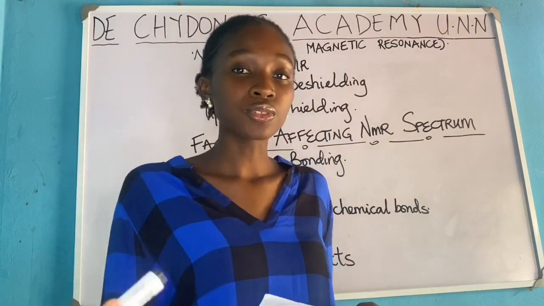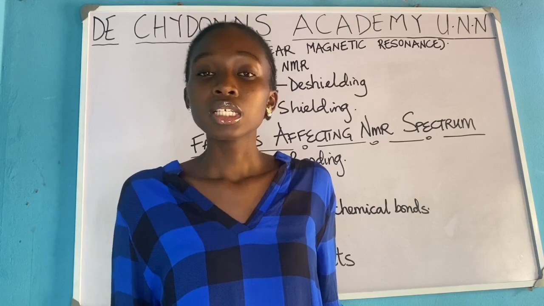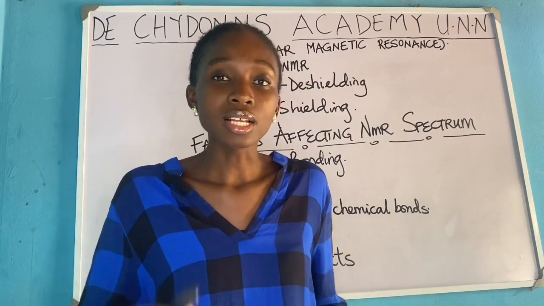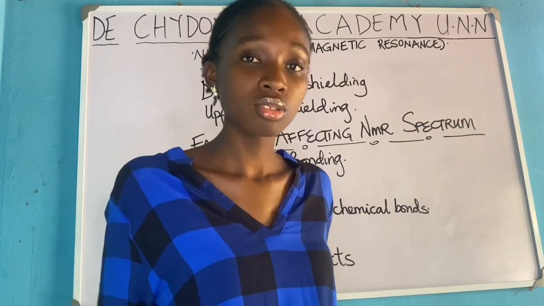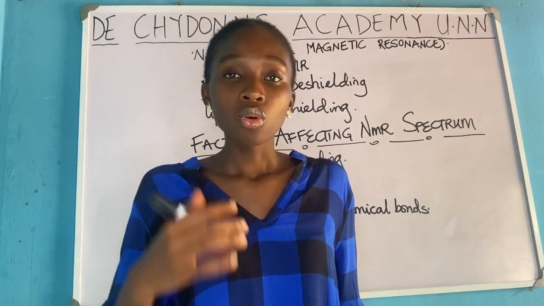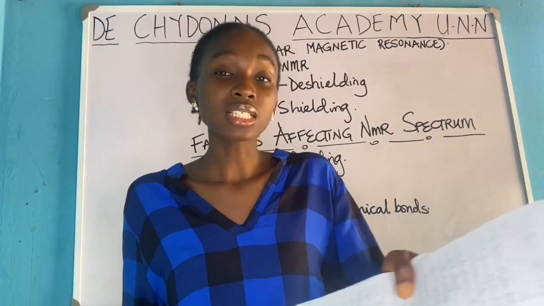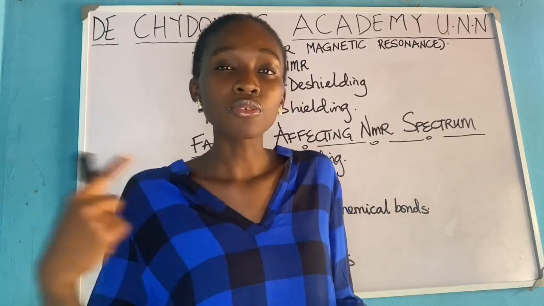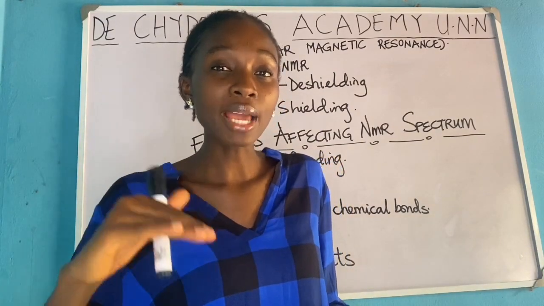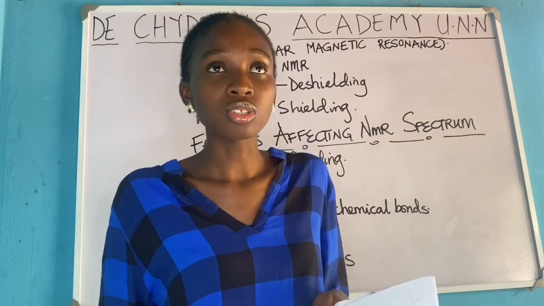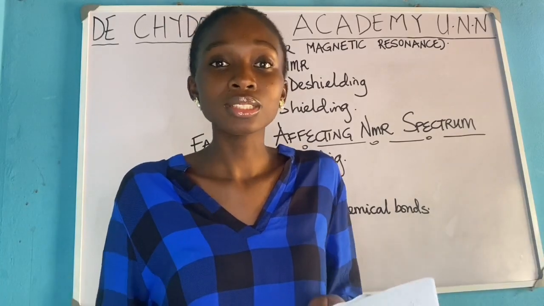So if it is unsaturated, how unsaturation can affect the NMR spectrum is that the magnetic field that you're introducing has its own particular direction it moves in. But when you introduce that field, the direction of your magnetic field and the direction of those unsaturated pi bonds are not in the same direction. They are at about a 90-degree direction.